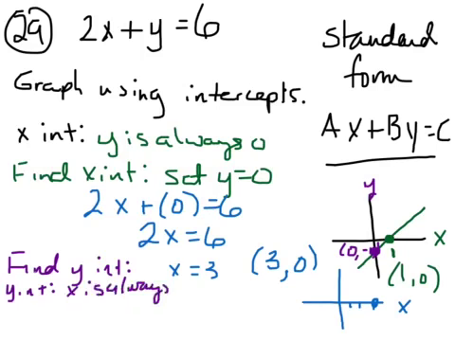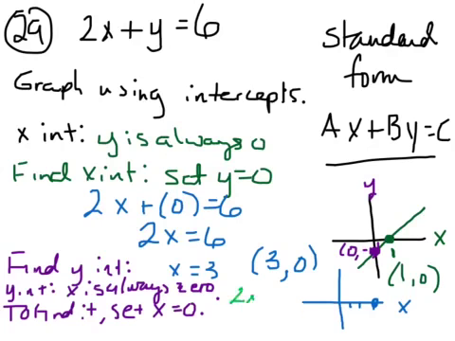So to find my y-intercept, set x equal to 0. I am out of space, so let me take the equation and write it over here in a bright green so we can see it. 2x plus y equals 6.